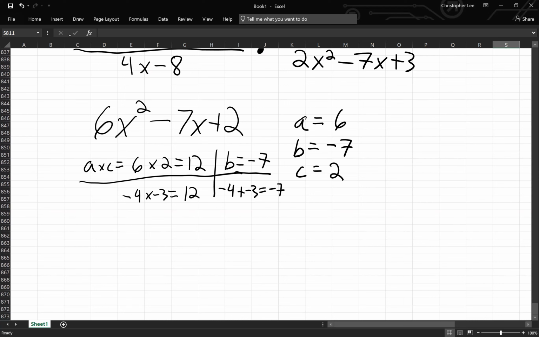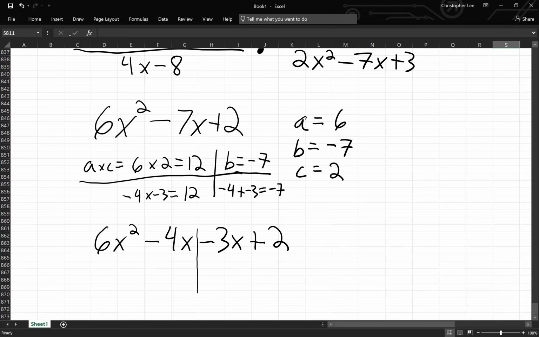Then what we want to do is rewrite this expression. I have 6x squared, but instead of the -7x, I'm going to put -4x minus 3x plus 2, right?